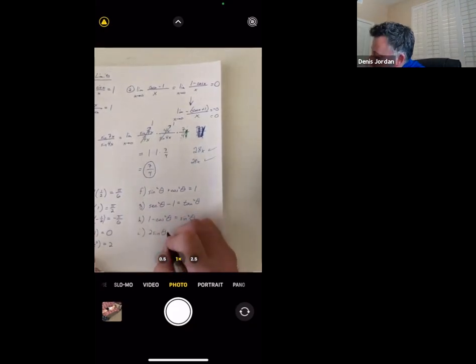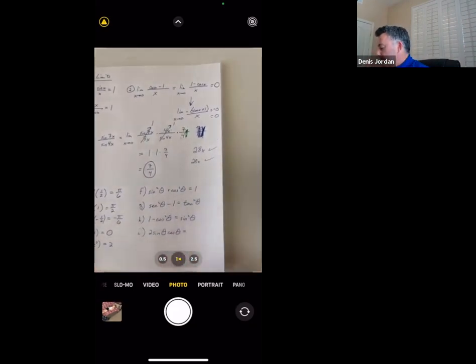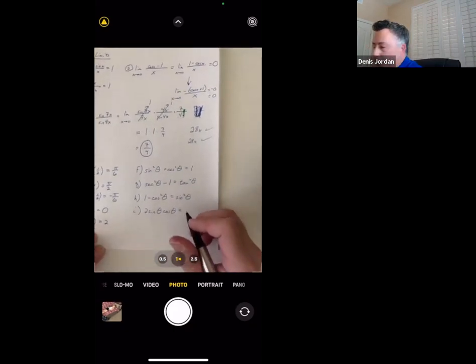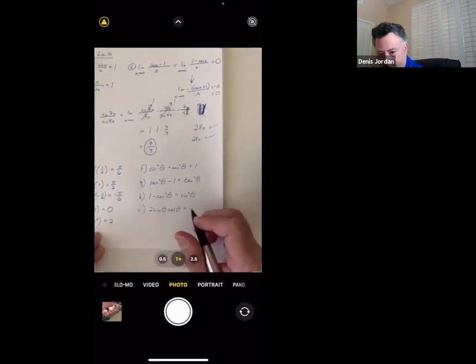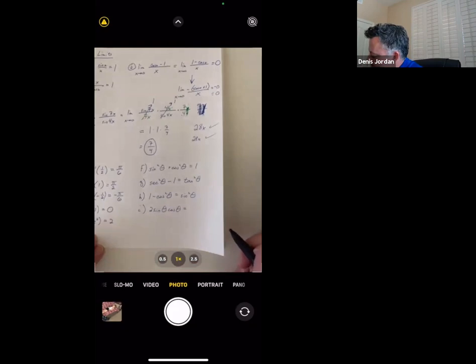What about 2 sine theta cosine theta? Anybody remember what that equals?